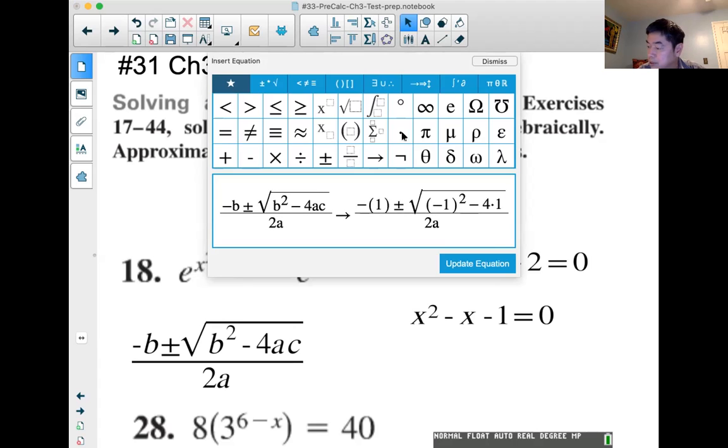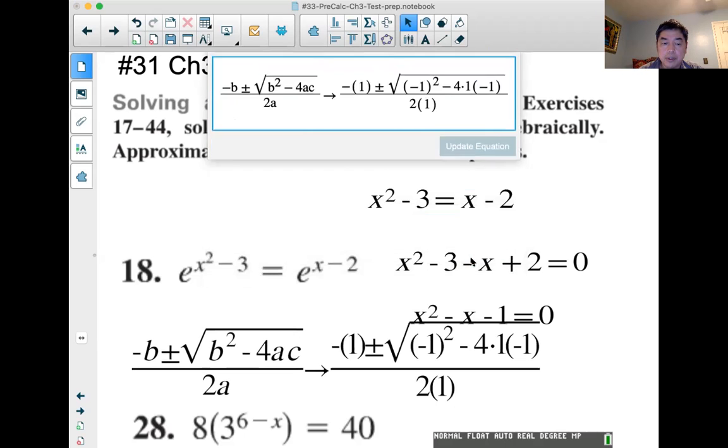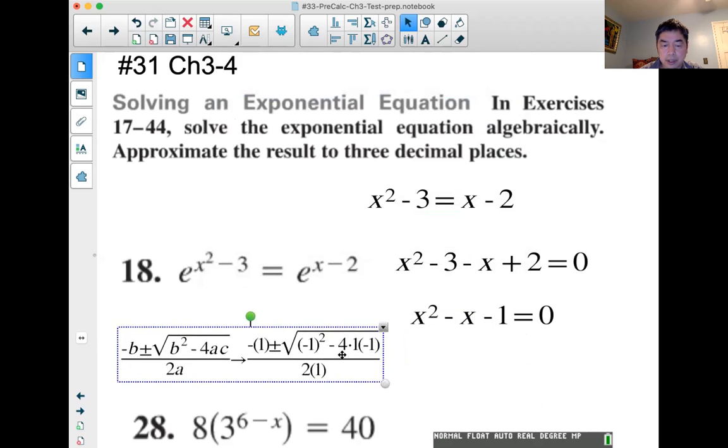C is negative 1, over 2 times 1. So I do up to here.